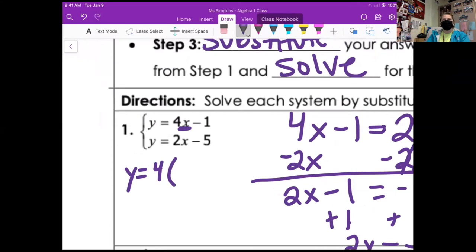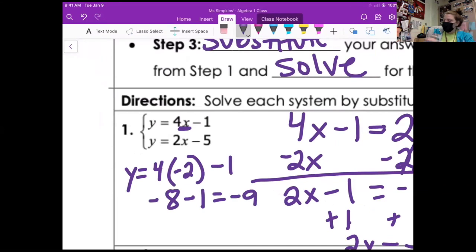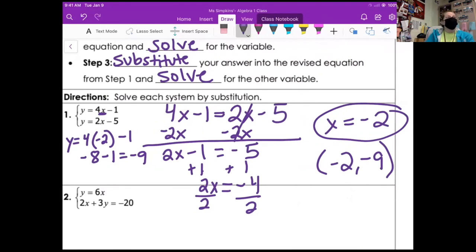If we substitute this value, we know that x is equal to what number? We just found it. -2. So we want to substitute -2 in for x. So 4 times -2 would be -8. -8 minus 1 equals -9. So graphically, we found that they cross at -2, -9.